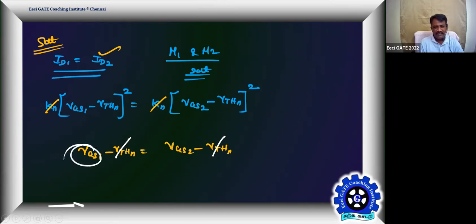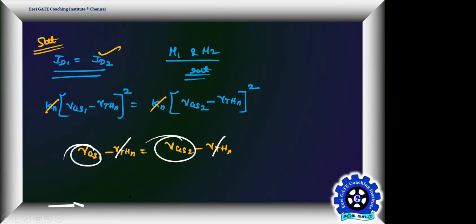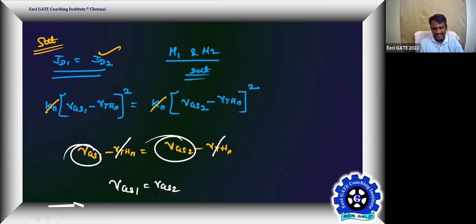What is the only conclusion? VGS1 should be equal to VGS2, no other choice. VGS1 is making ID1 and VGS2 is making ID2. If ID1 equals ID2, VGS1 cannot be different from VGS2.